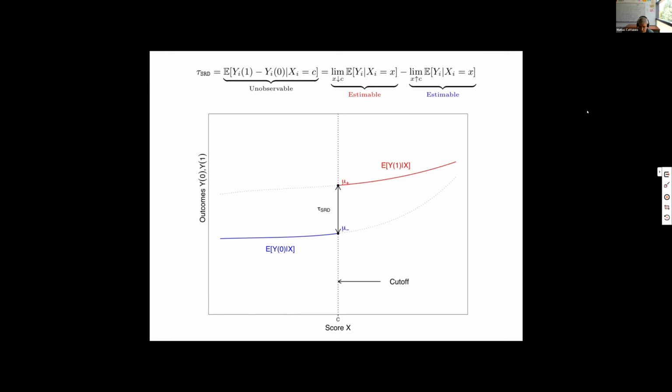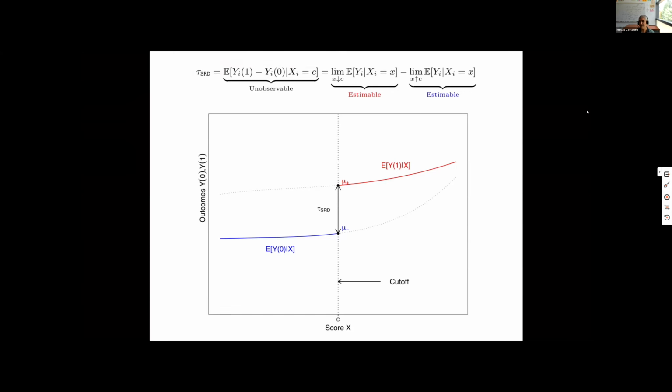And that means essentially that the parameter of interest is nothing more than the difference in average responses under treatment status or control status for units that happen to exhibit a score value that is equal to the cutoff point.